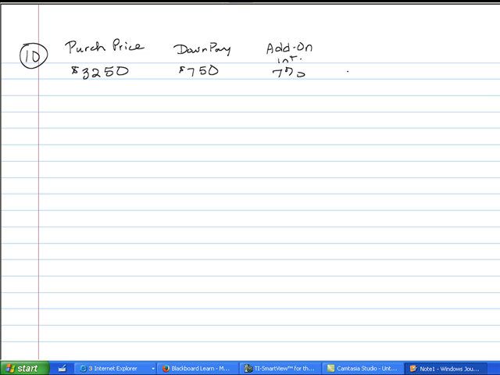Okay, so let's calculate our interest. First, let me subtract the down payment so we know how much is financed. Okay, $3,250 minus $750 down payment.